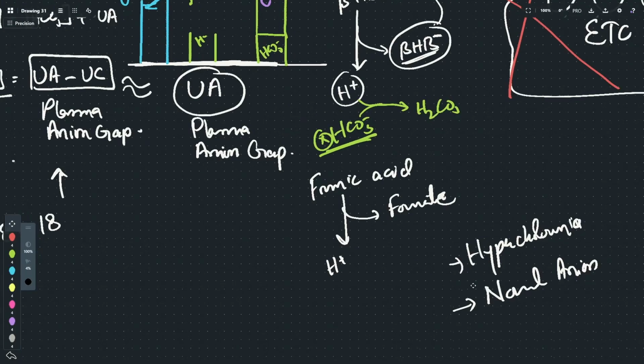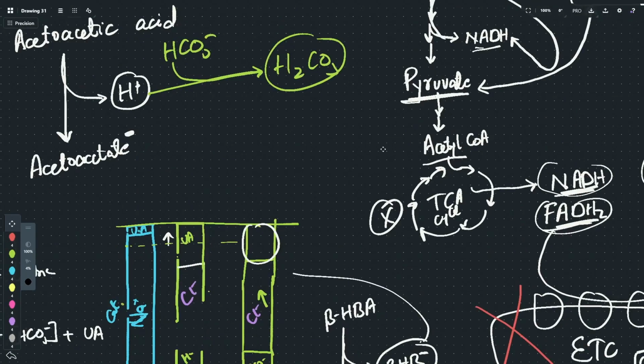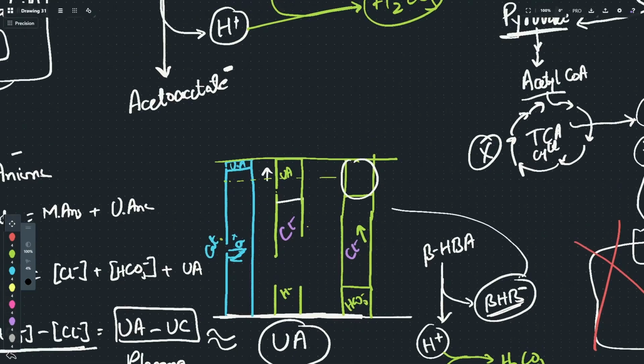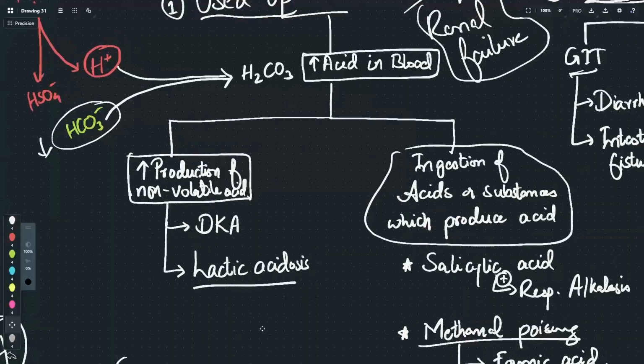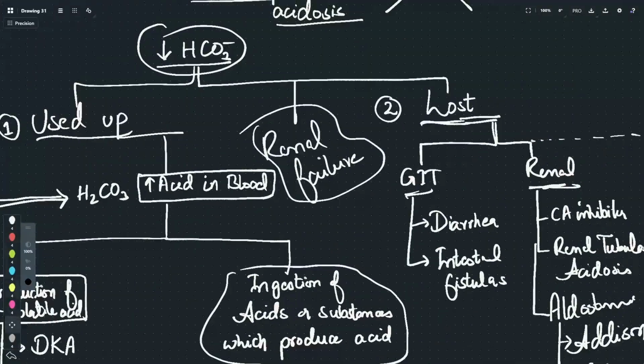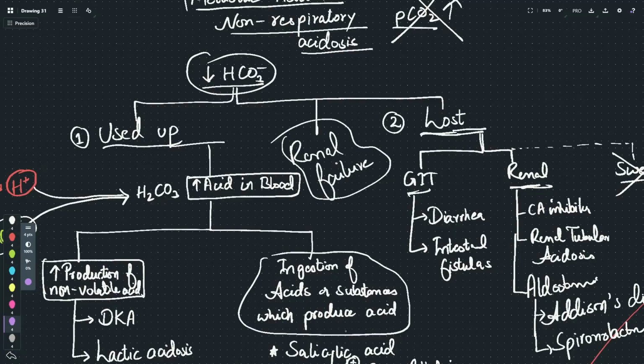And in the other situation, the chloride level would be the same because it is compensated by unmeasured anion. Now chloride does not need to increase itself. So now basically we can divide metabolic acidosis on the basis of causes into two parts.